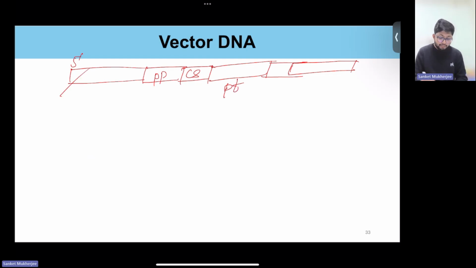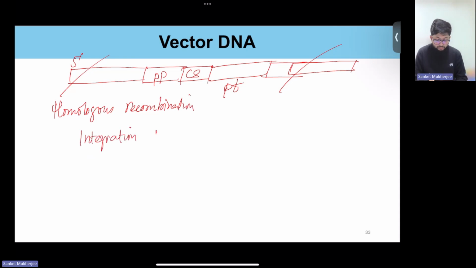And these upstream and downstream sequences are important for homologous recombination and essentially integration into the genome. It's very important.